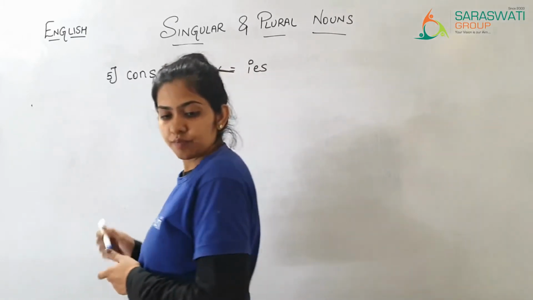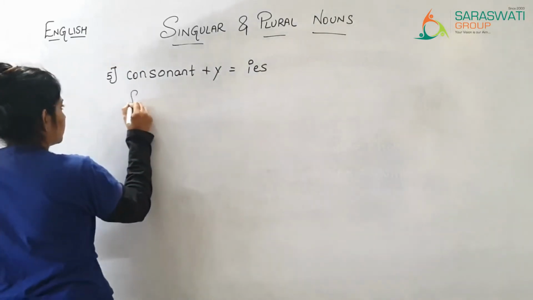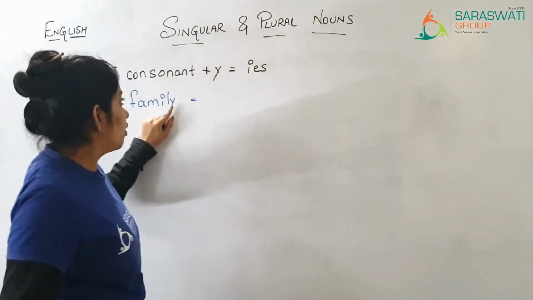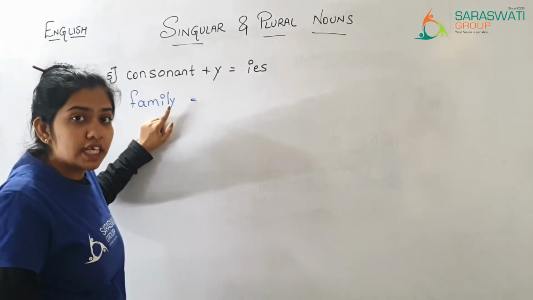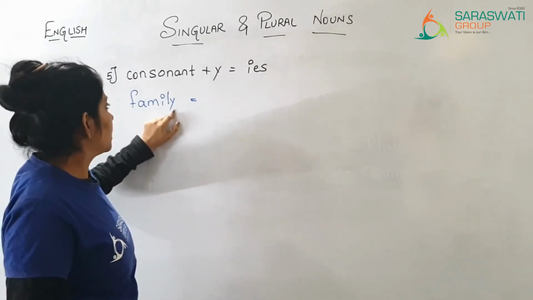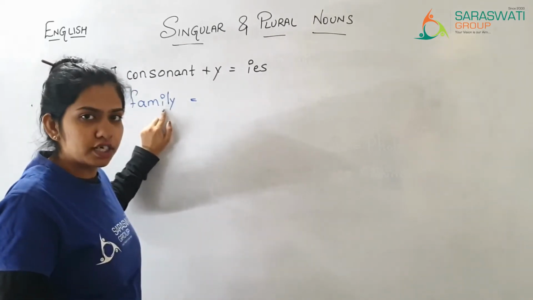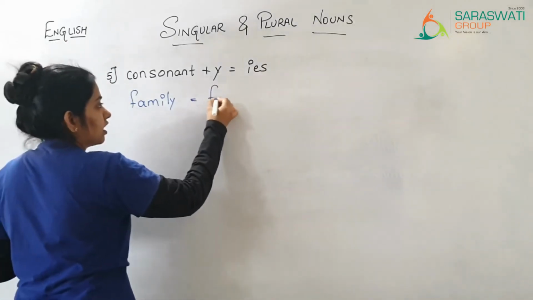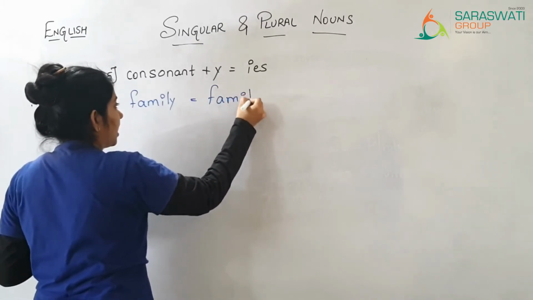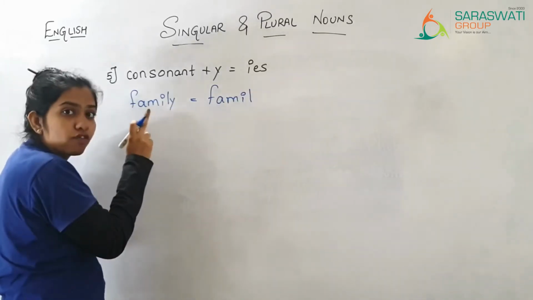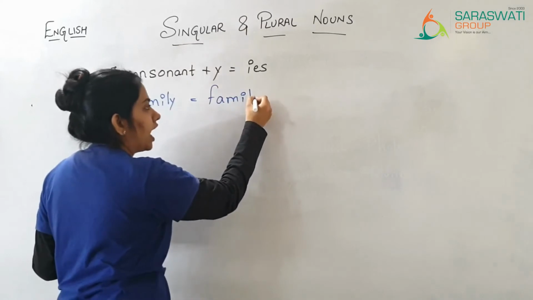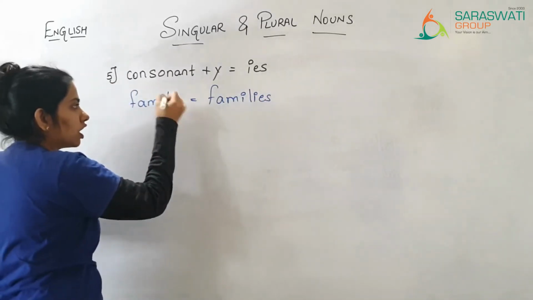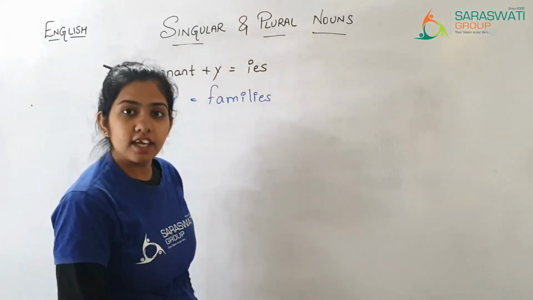So that is family. For example, now here the word is ending with Y, but the previous letter is consonant, right? So we will write till L. Now instead of Y की जगह पे हम I लिखेंगे and फिर IES, यानी कि हम Y को कट ही कर देते हैं, ठीक है?